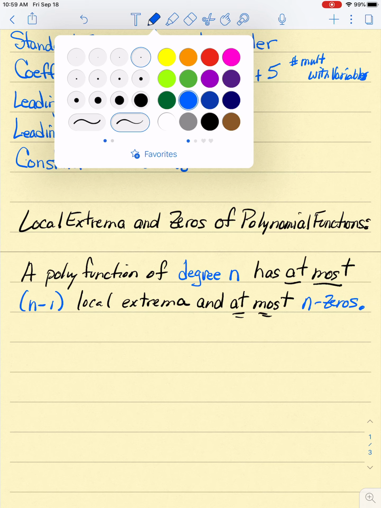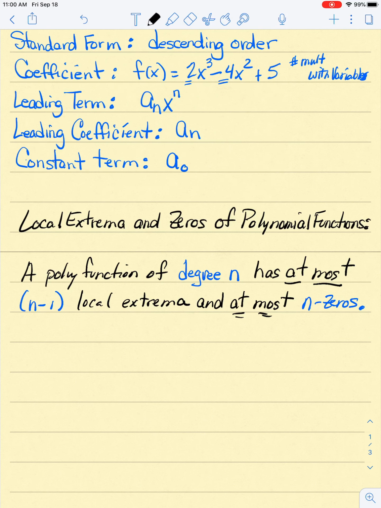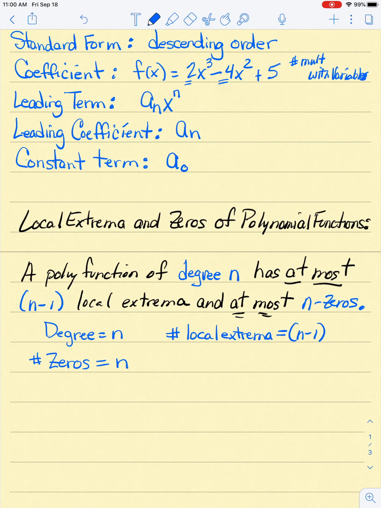Now you're out there thinking, why is that such a big deal? Let me make a little sidebar here. In other words, here's the deal. If you have a polynomial and your degree is n, the number of zeros is at most n, and the number of local extrema is at most n minus 1.